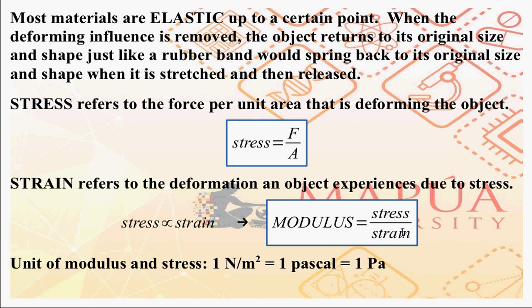Strain must not have a unit. So, strain must be a measurement of the deformation in such a way that strain does not have a unit, to maintain the equality of the units. Because modulus, unit is Pascal, stress, unit is also Pascal.